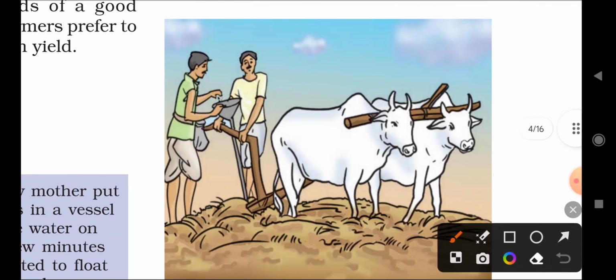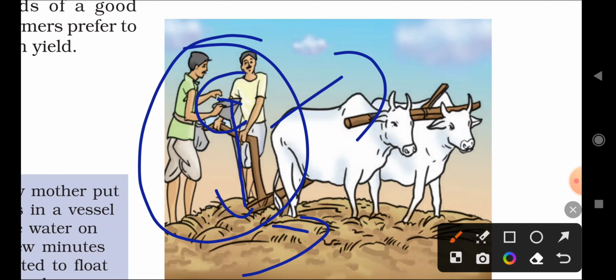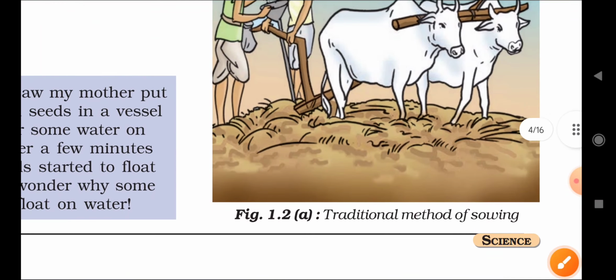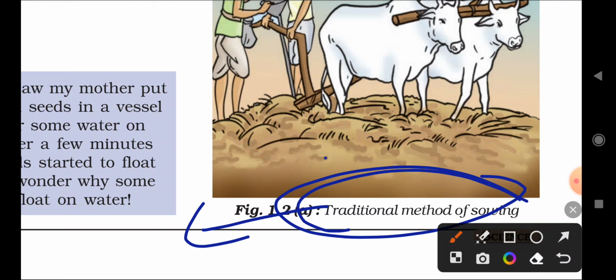So this is the simple method used by the farmer to sow seeds in soil. They add seeds to the funnel, which has a sharp edge at the bottom, and the seeds enter the soil. This is a traditional method used by farmers in India. Still this method is used. Modern technology is also there, but some farmers still use this method.